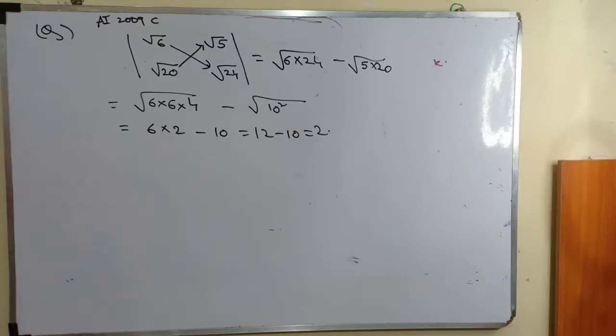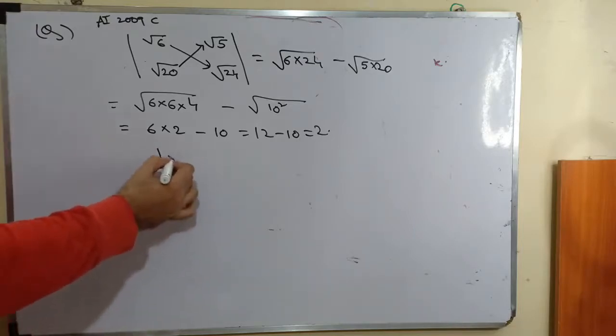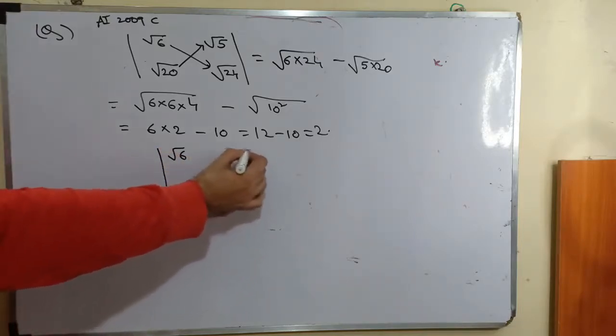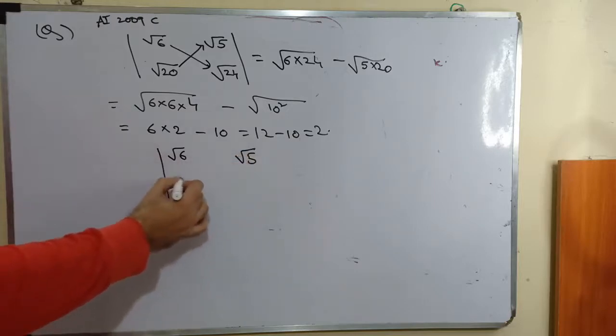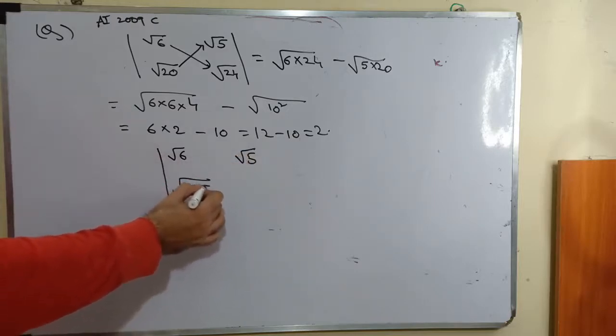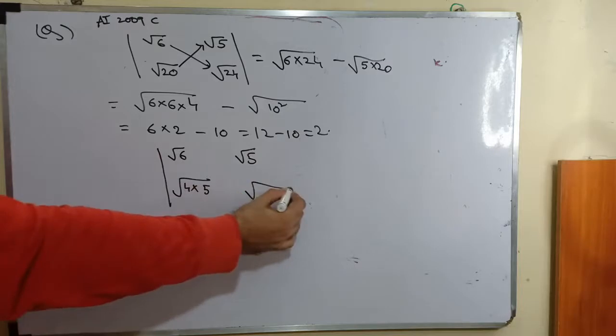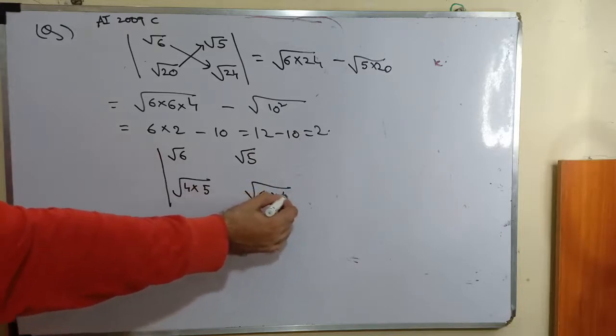There is another way. By understanding the properties of the determinant also we can solve. How can that be done? Hopefully you have noted this one. I'll solve this one here. So you have √6, √5, √20 we can write as 4 times 5, and square root of 24 is 6 times 4.